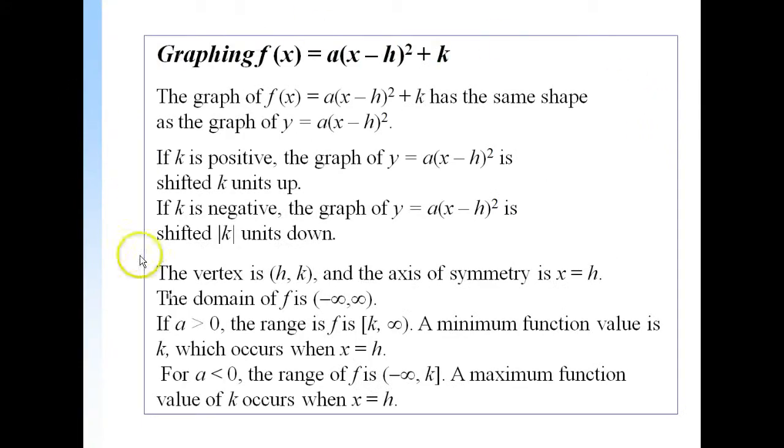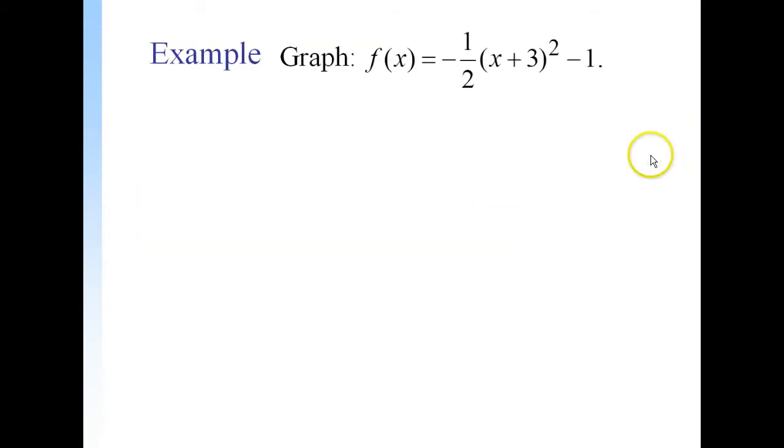And again, it gives you all of this that you can pause and read. But let's look at this graph. Wow. And what do we know from looking at this? Well, A is what? Negative. So this is going to open upward or downward? Well, because it's negative, it's going to open downward.